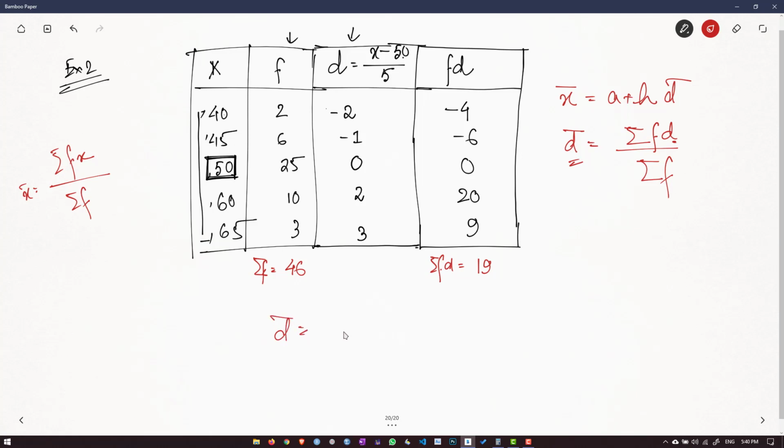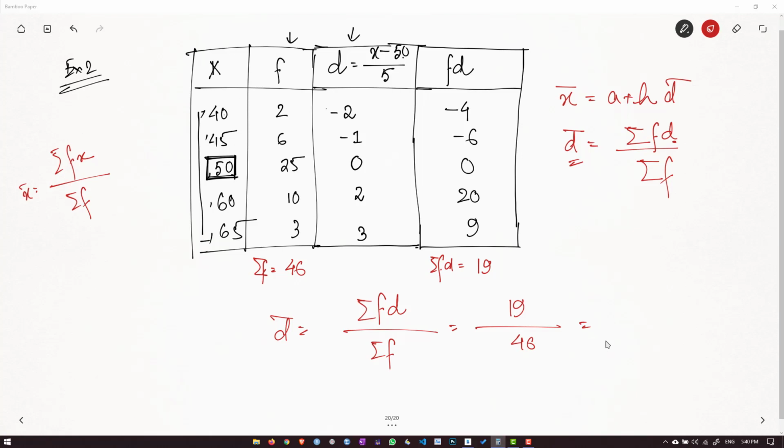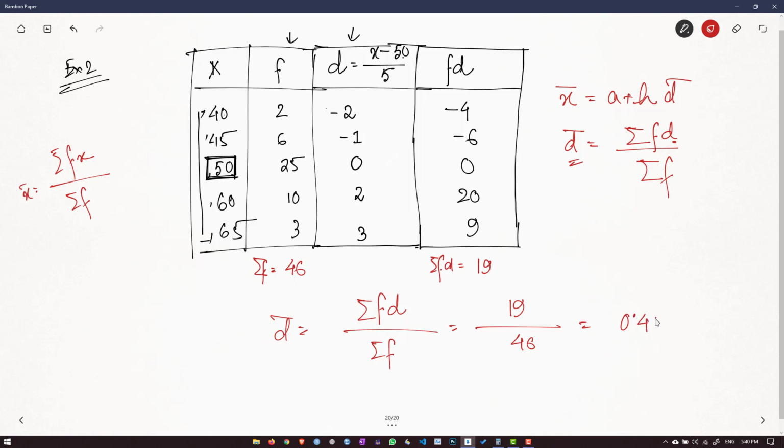So d bar will be summation fd over summation f, which is 19 by 46, approximately equal to 0.41, right? So that is d bar. As soon as you find the value of d bar, now we can calculate x bar as the value of a we took as 50, plus h we took as 5, into d bar. D bar is found to be 0.41.